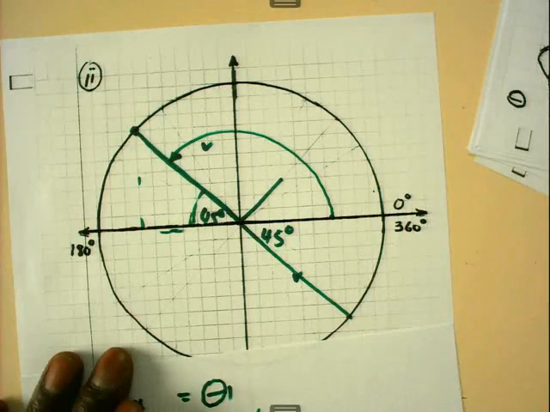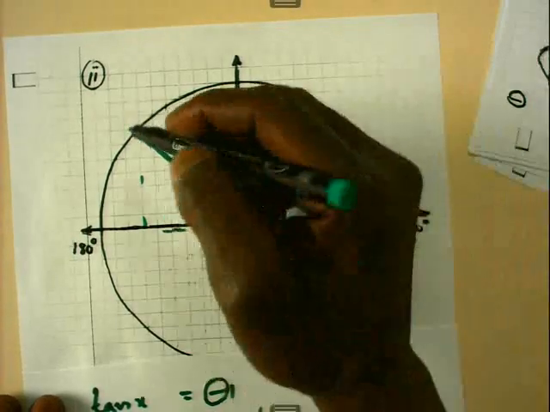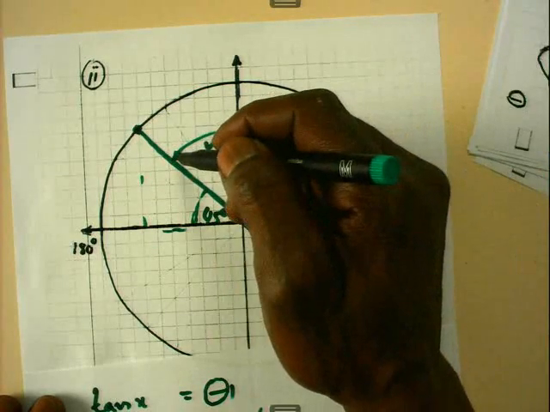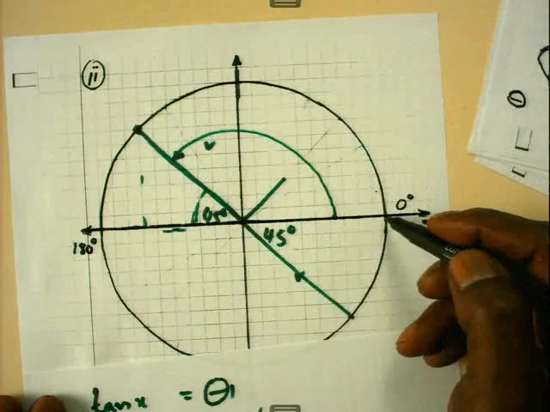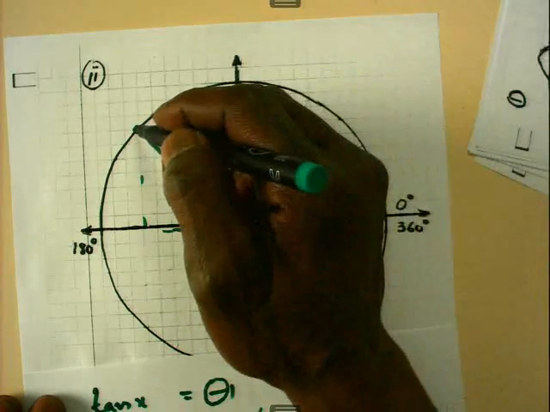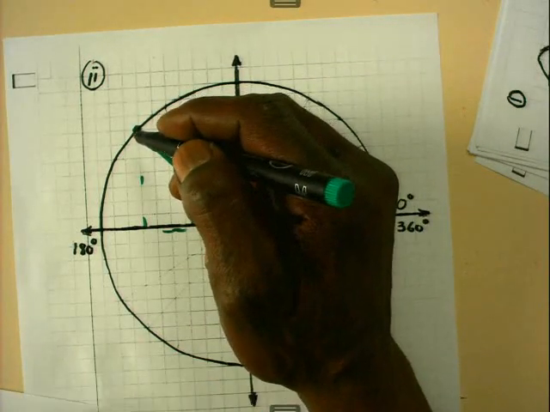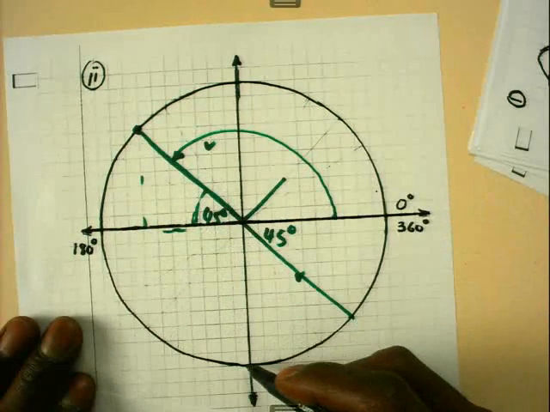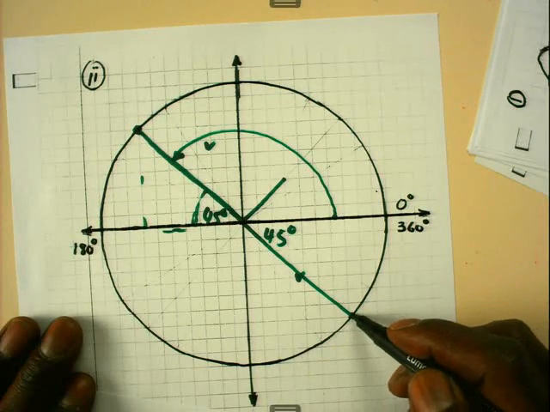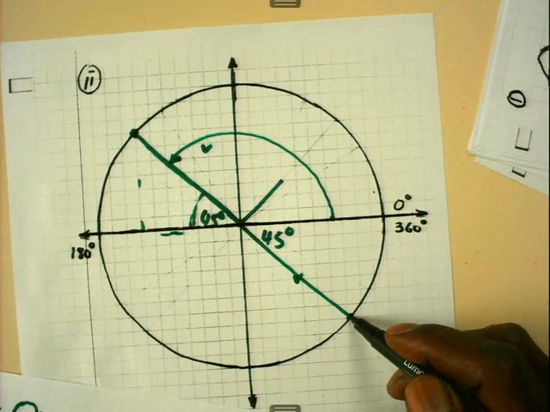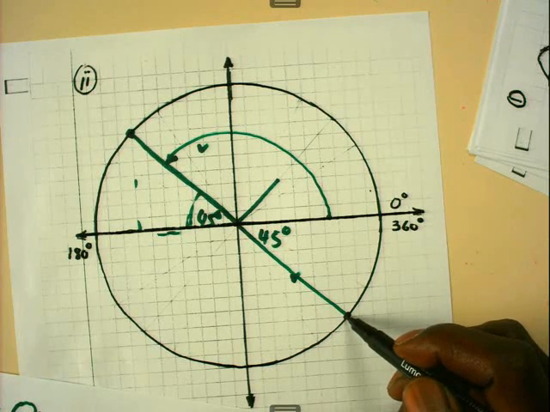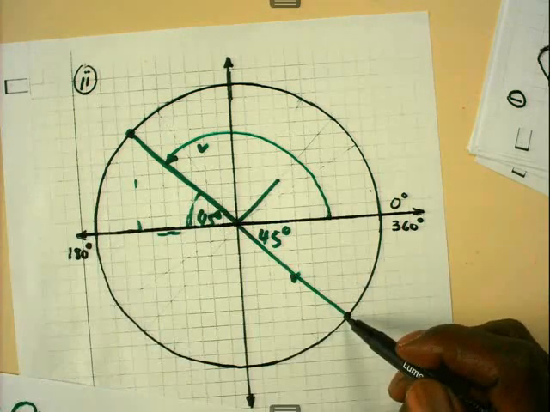So my point is, I've moved from here up to there, which is the same as moving from here up to there. But now I want to rotate in the anti-clockwise direction. If I rotate like that, whoops, I come across an arm. And once I come across that arm, I must read the angle there.